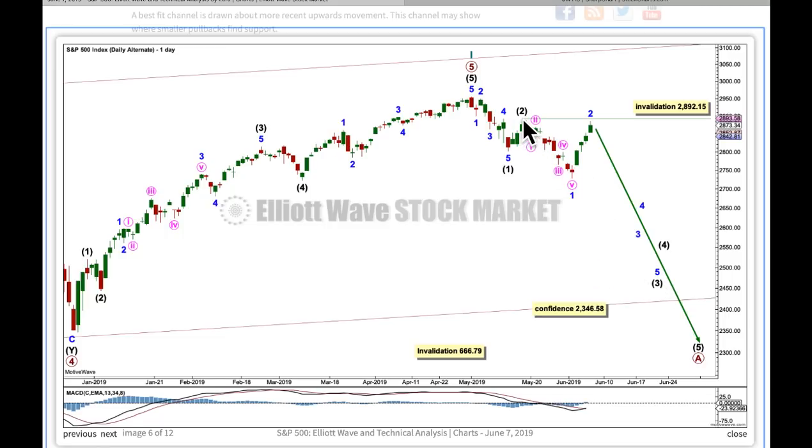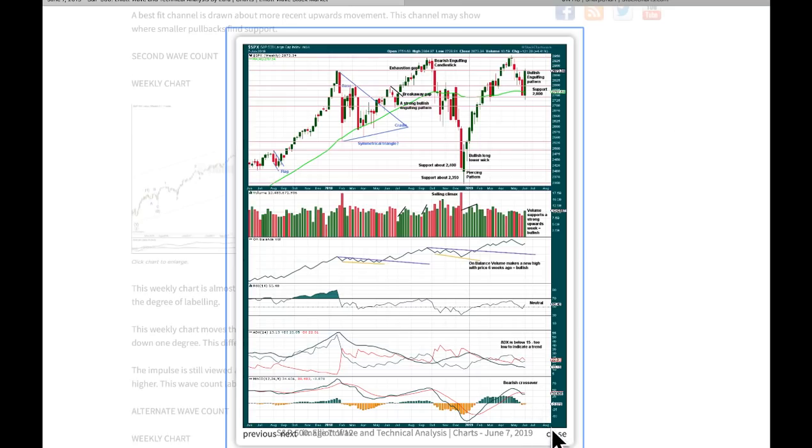It may only subdivide as an impulse. 1, 2, 3, 4, 5. 2 may not move beyond the start of 1. But the strength and the size of this second wave correction at minor degree compared to this second wave correction 1 degree higher, intermediate degree, now gives this wave count the wrong look. I expect it will be invalidated fairly quickly next week. So I don't want to spend any more time on that.